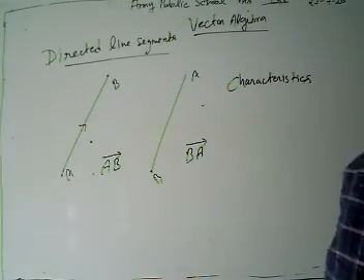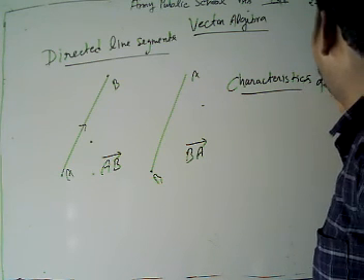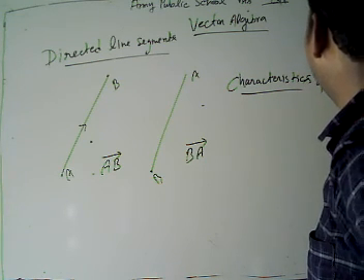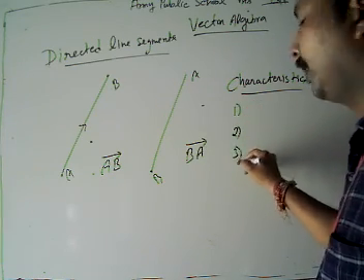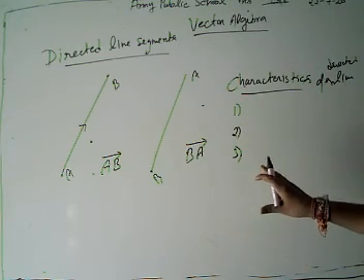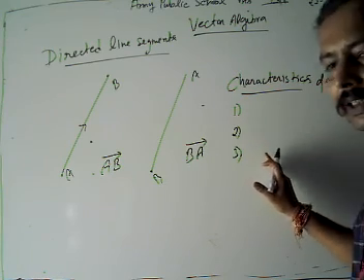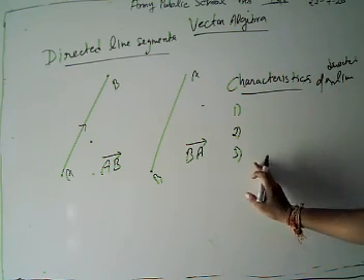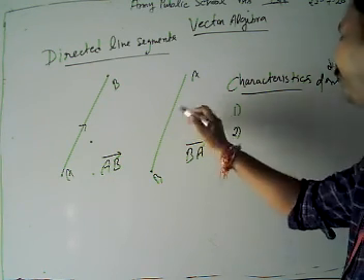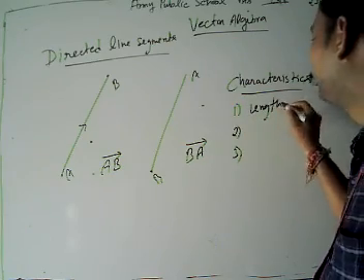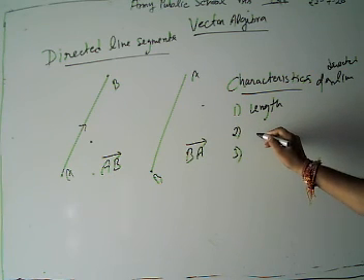Every line segment is characterized by the following three characteristics. First, it has a length. Then the second characteristic which we use is support, and then the last one.